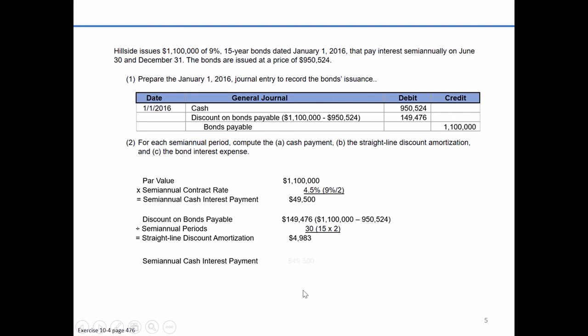So we'll take our cash payment of $49,500, add to it the $4,983 of discount amortization, meaning every 6 months, June 30th, December 31st, the true bond interest expense, the true cost of this particular bond is $54,483. Keep in mind that's the semi-annual interest cost.